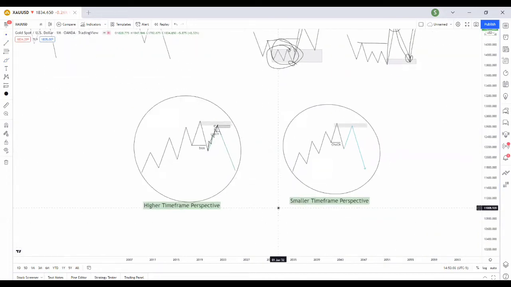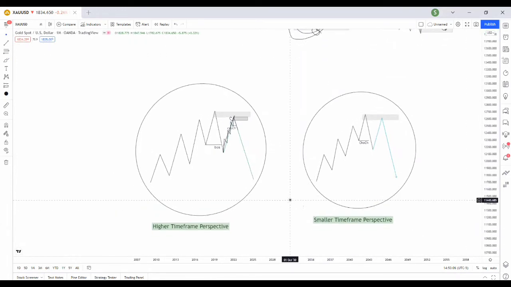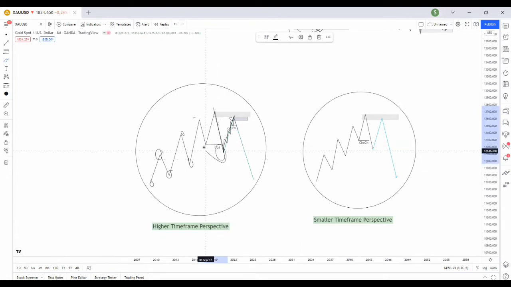Let's see. This is how I basically trade. The market will be moving to the upside. Let's say we are in an uptrend. The market is creating a low, high, high, high, low, high, high, and high, low, high, high, and high, low. At some point, it is going to break this high low.